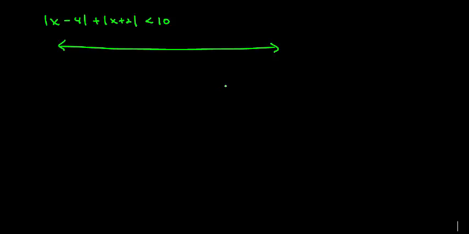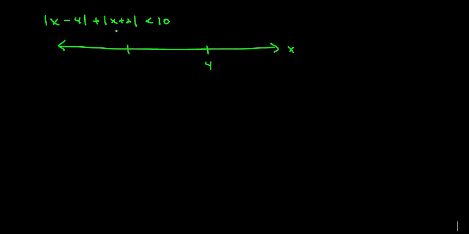Now what if I picked a value, let's grab the number 4. Once I grab the number 4 for x, remember these are our x values, if I plugged in 4 here, this guy would become 0, which means that I could lose the absolute value.